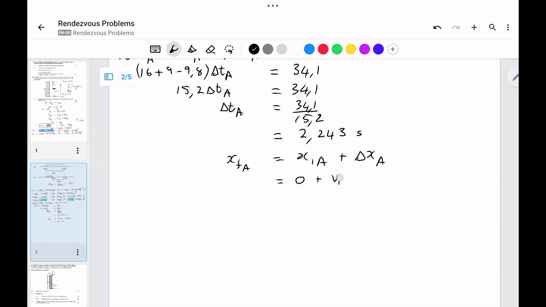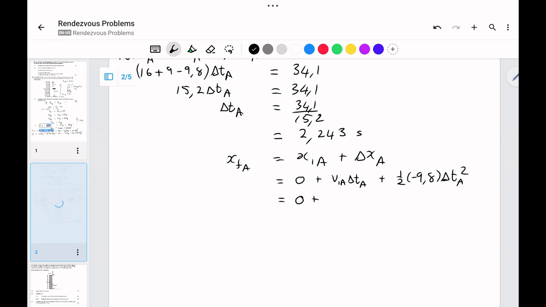I'm just writing out this formula again because I want everyone to follow where I am. I don't want to lose anyone at any point. So this is how I get the final position of A, which is going to be the final height of A. Well, the height where they pass each other.